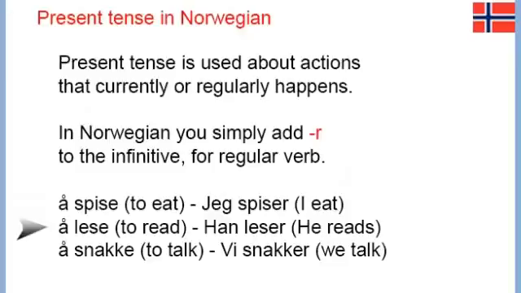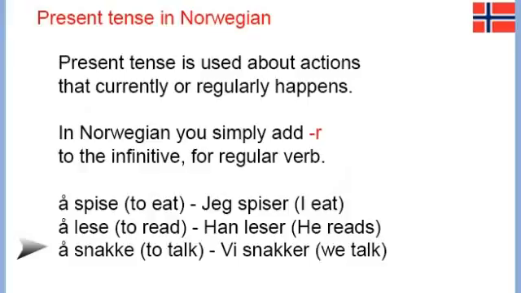It's the same. Third example, å snakke, which means to talk. If we were to say we talk: vi snakker. We will go through more of the grammar with the infinitive form, but you see English has to in front of the infinitive form. Norwegian has the word å. But this will be more later.